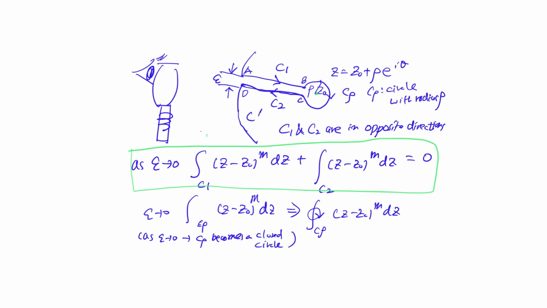Right? When epsilon is going to 0, B becomes C, right? B becomes C, and therefore the 0 becomes closed.